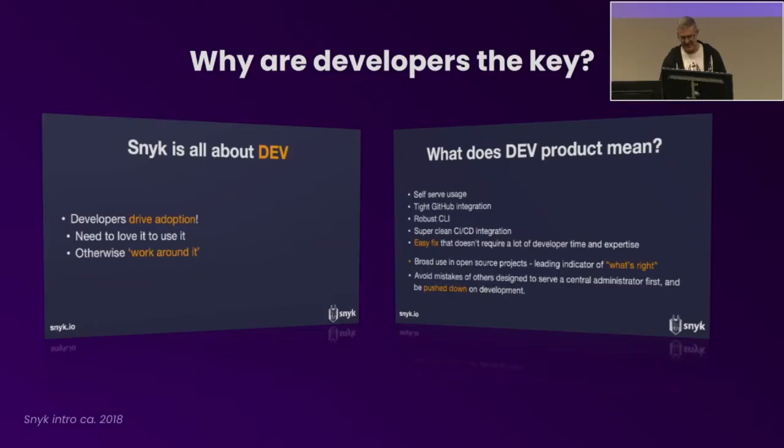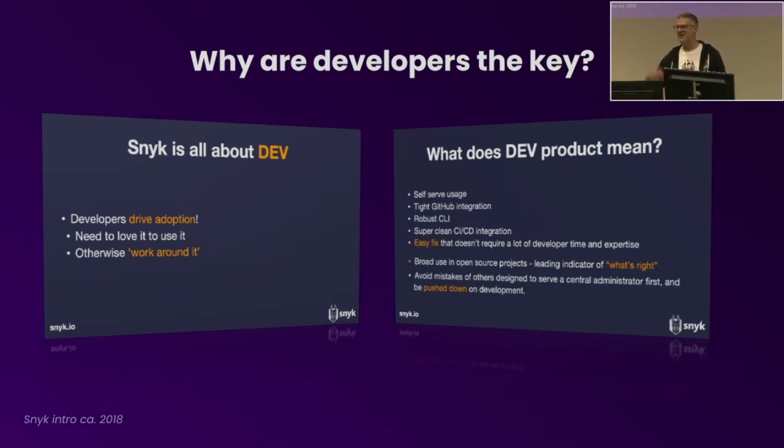Now, this has typically been very difficult to do, and developers actually resist taking on that ownership because the tooling, often from 10, 15 years ago, is not done in the way that modern developers want to work. So Snyk's all about the developer. We started about 8 years ago, and unless developers actually adopt a different way of doing it, and they need to love using it, otherwise they just work around the problems.